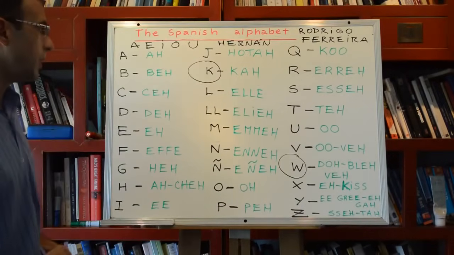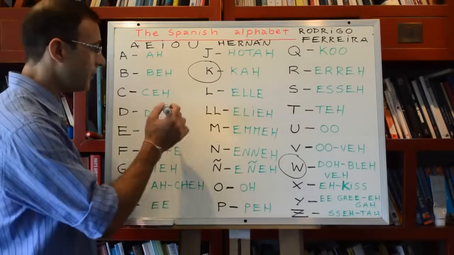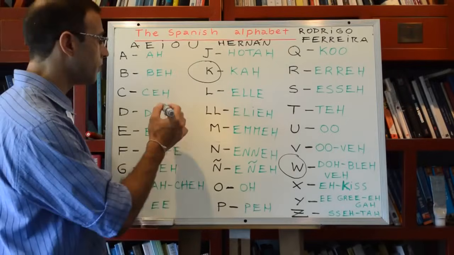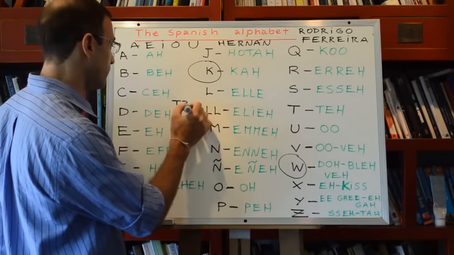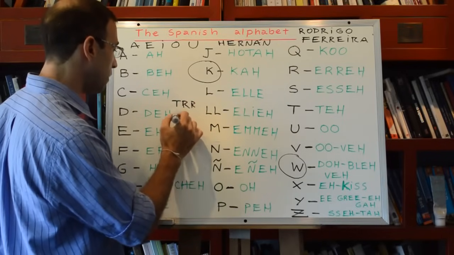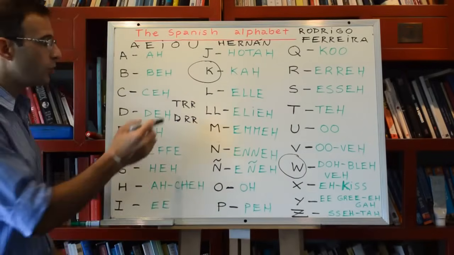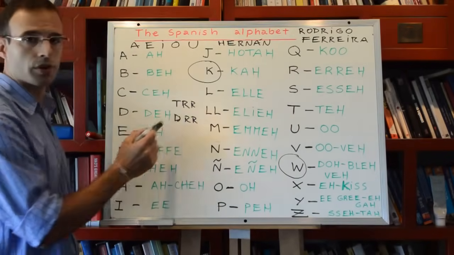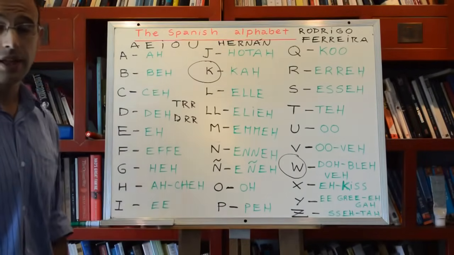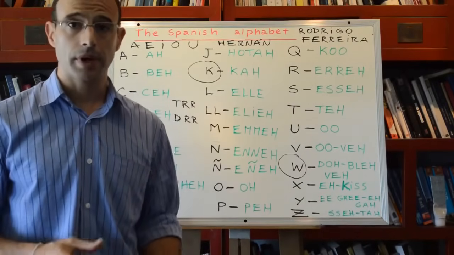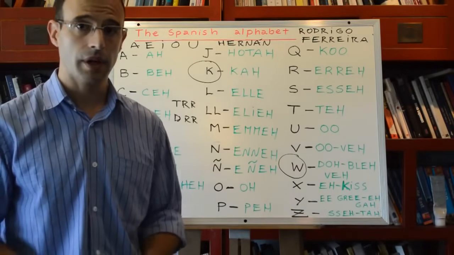So let me give you a tip on how to pronounce it easier. This is not the exact thing, but it's the most similar thing. If you're having trouble, try to pronounce TR, okay, or DR. So try to say trrr, trrr, or drrr, drrr. That way you can pronounce the rolling R sound, rrr, okay?